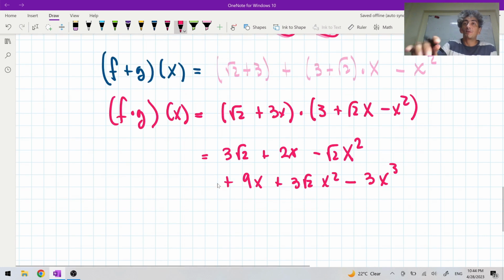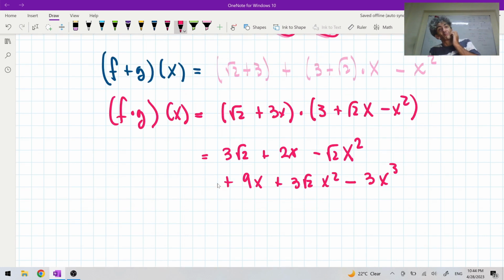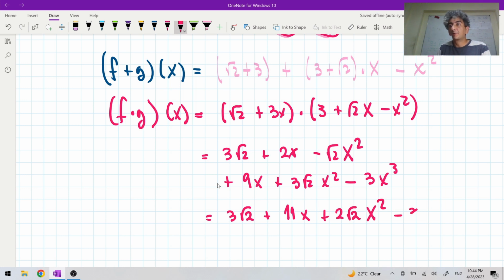So that's the polynomial f times g at x. If we want, we can reorganize this and write it in ascending powers. So we get 3 times square root of 2 plus 11 times x, plus 2 square root of 2 x squared minus 3x cubed. So we know how to do this.